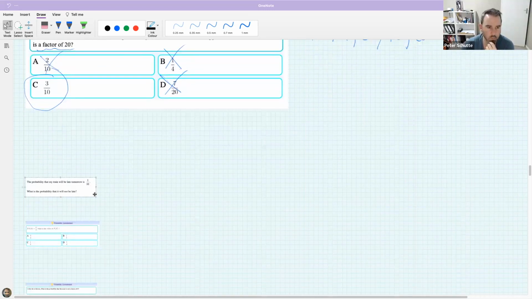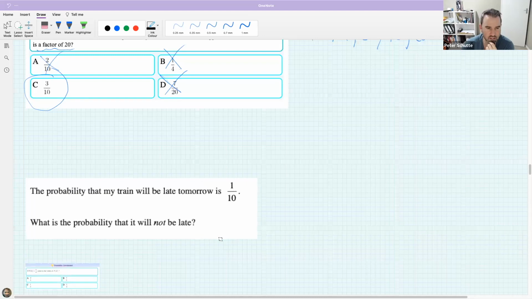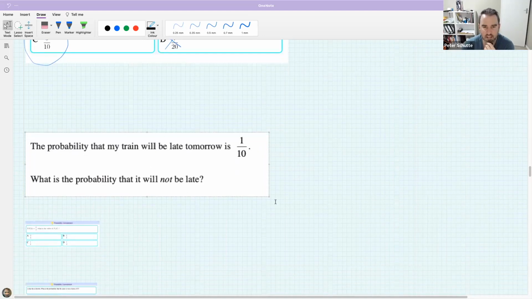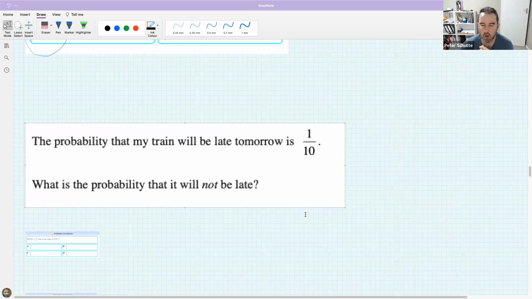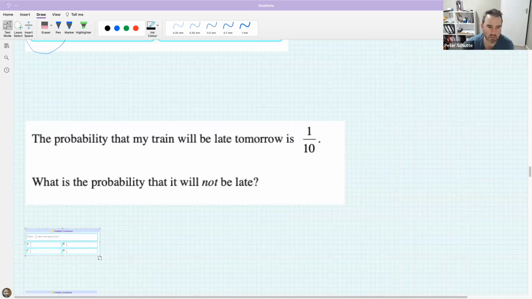Now, when we talk about probability, there is such a thing as an event and its complement. And this is an example of complementary events. Complementary events basically are two events that together add up to the probability of 100%. So an example here is the probability that my train will be late tomorrow is 1 out of 10. What is the probability that I will not be late?